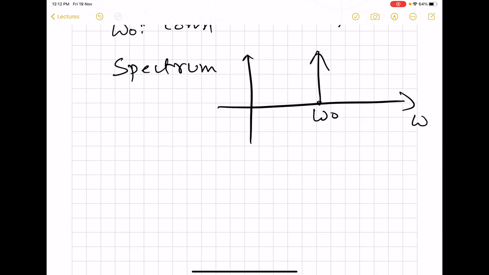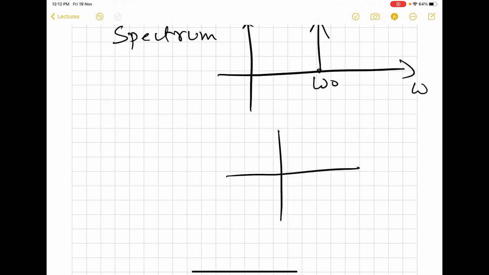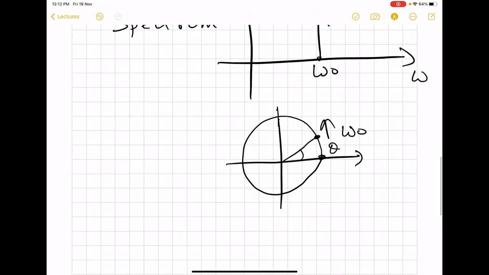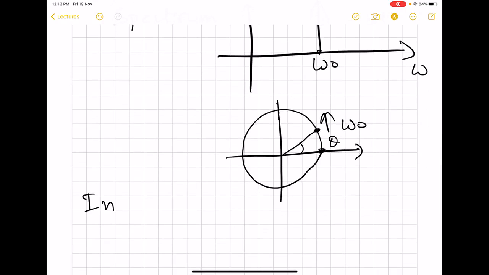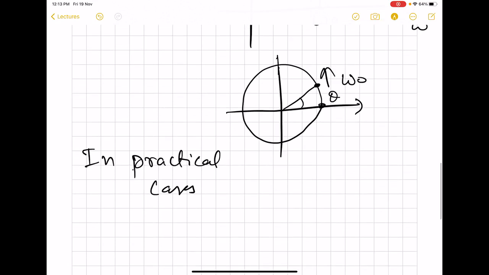However, in reality, what will happen is that this phasor is not going to take T naught amount of time to complete one revolution. In practical cases, the amount of time taken to complete one revolution is going to be slightly different from T naught.